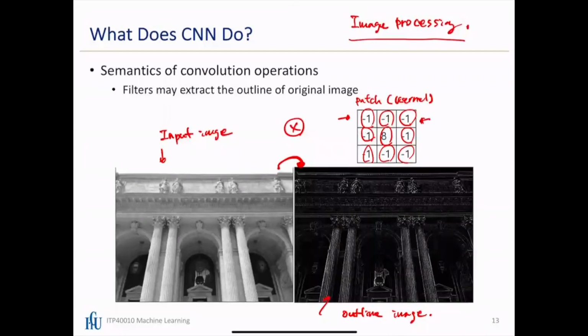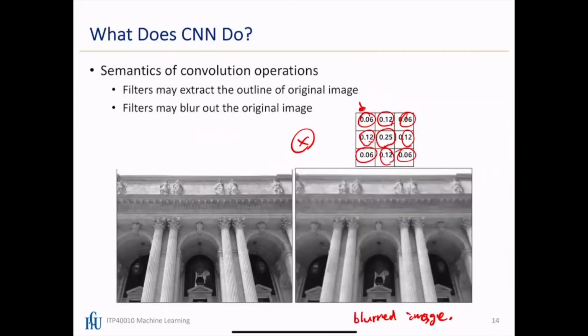What I'm trying to tell you is that this idea of running the kernel, the convolution operator, on the image comes from a long time ago, from image processing. Depending on the values you have in the convolution operator or kernel, you will get different output. In image processing, though, people try to define this kernel manually.